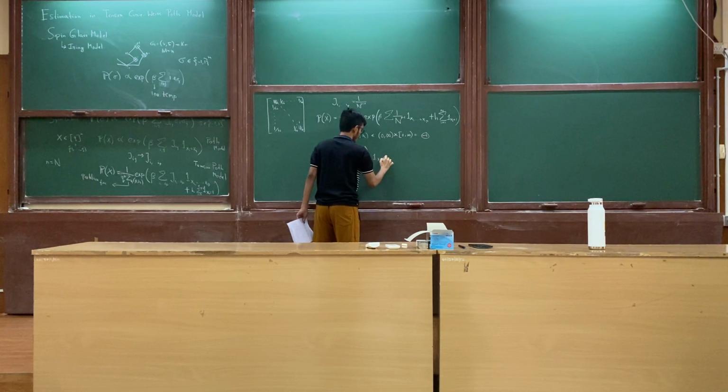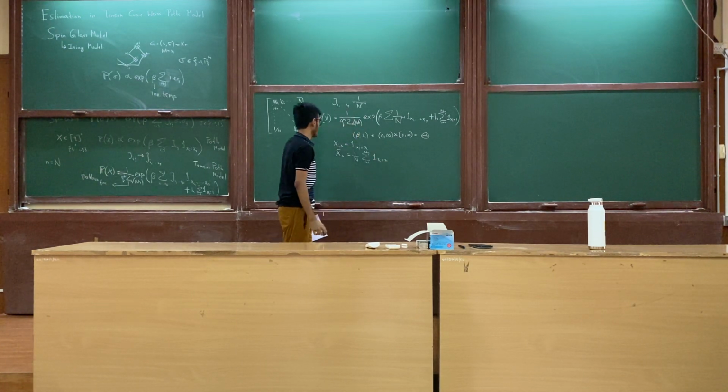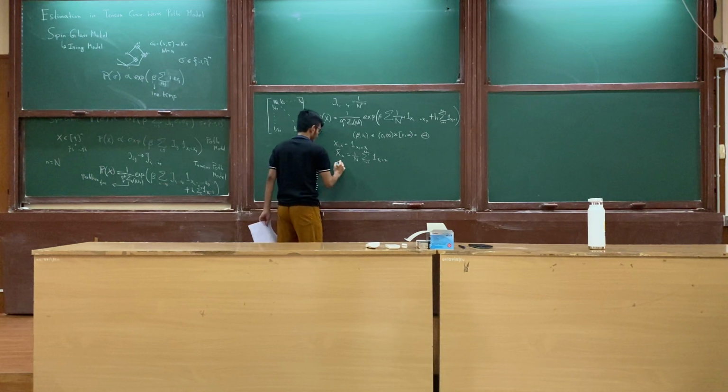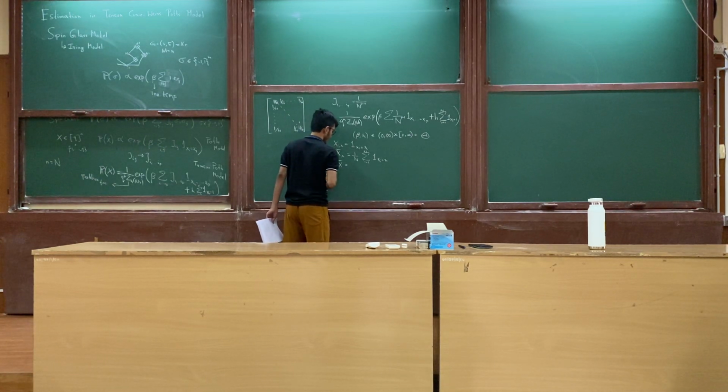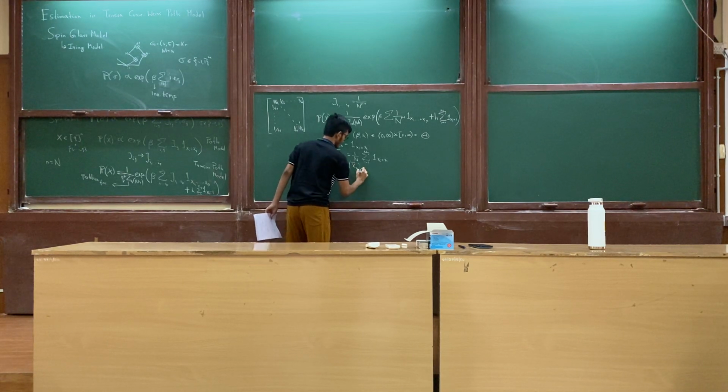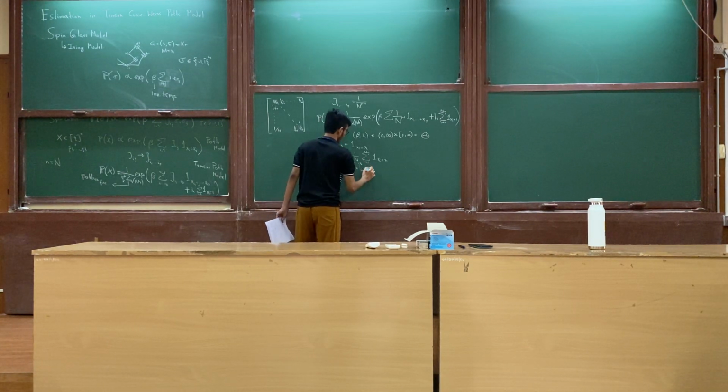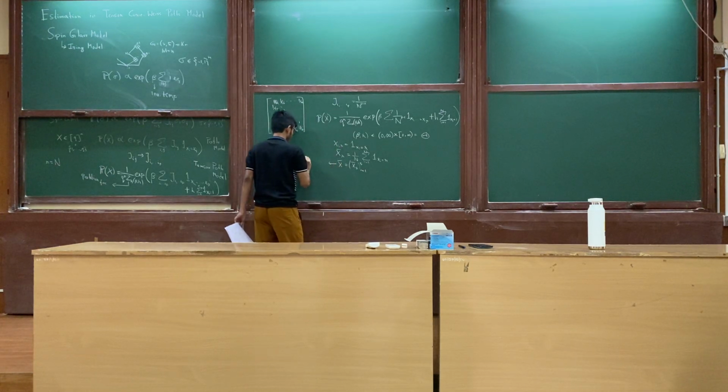So you sum over, and then you take this vector x̄ and put all these x̄_r's over here, and we call this the magnetization vector.